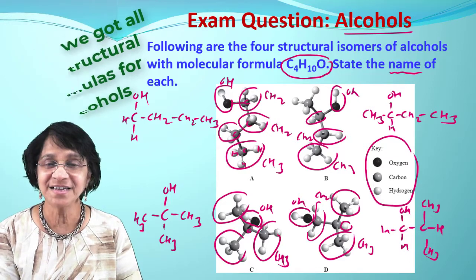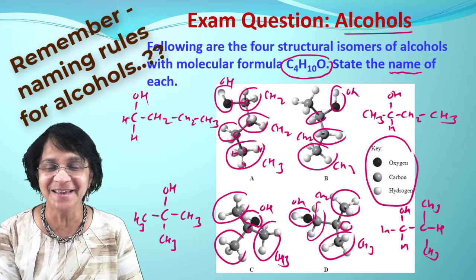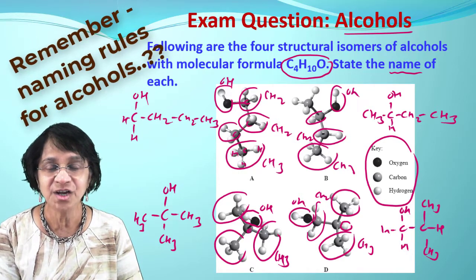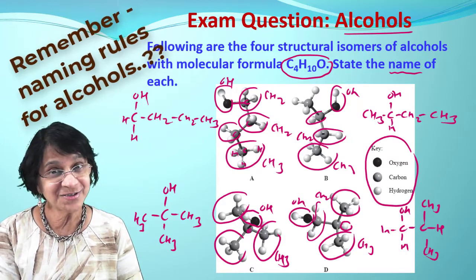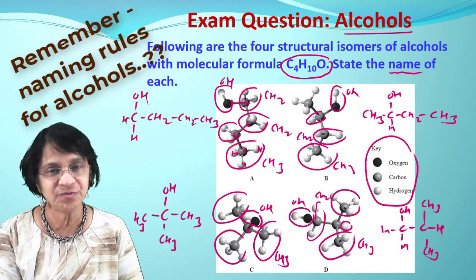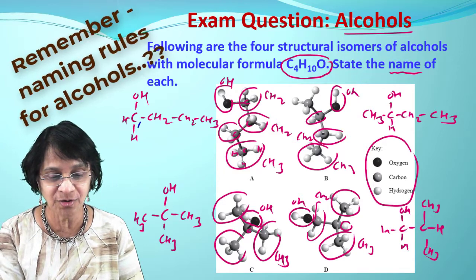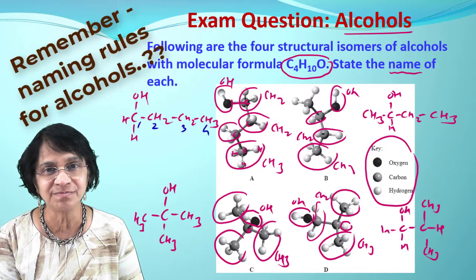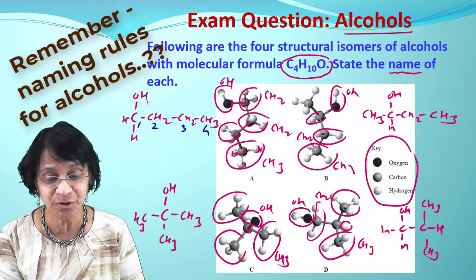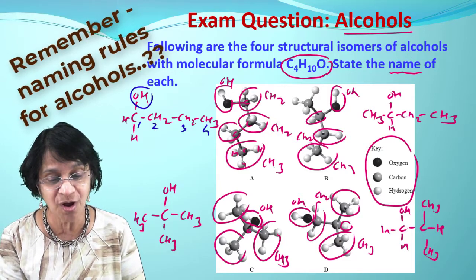Now let's start naming the alcohols, and I hope you remember the naming rules of alcohols which we discussed in one of the earlier videos. Number one is we need to look for the longest carbon chain, and there you go. If you look at the first one, it's 4 carbon atoms. That means it is butane. And since we have an alcohol, it's going to be butanol.